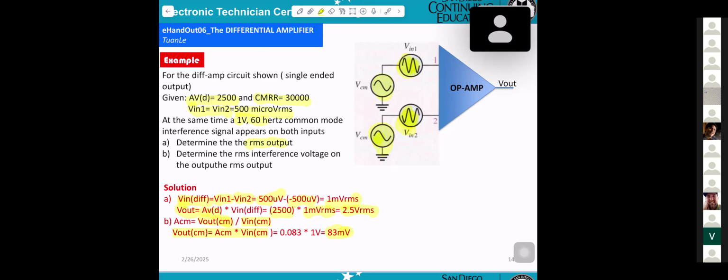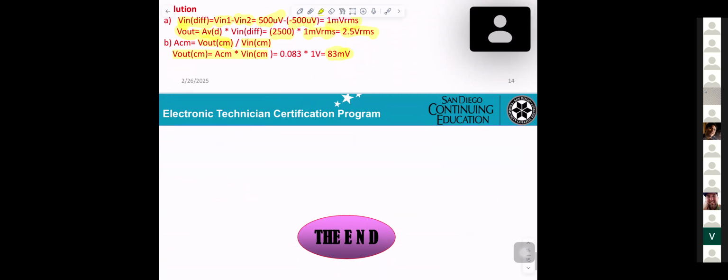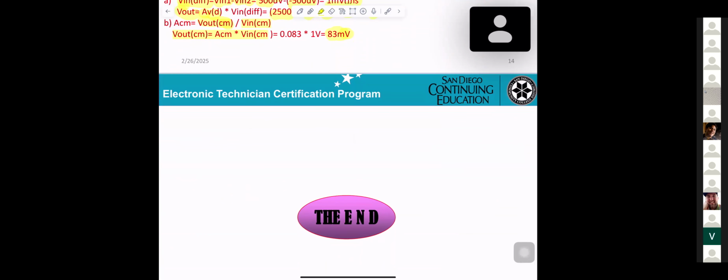Same voltage, same frequency, same phase, considered to be the noise. That means unwanted signal. You don't want that coming out. That's what they call the common mode rejection ratio. That's it. Any question on this one?